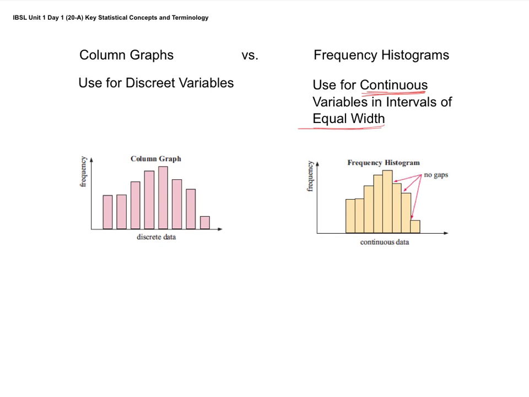You're not going to make a histogram where one bar goes from 5 to 10 and the next one goes from 10 to 20. That would not be a valid histogram. So you have equal width and it's for continuous data. The column graph is used for discrete variables.